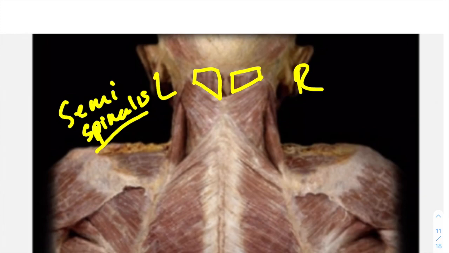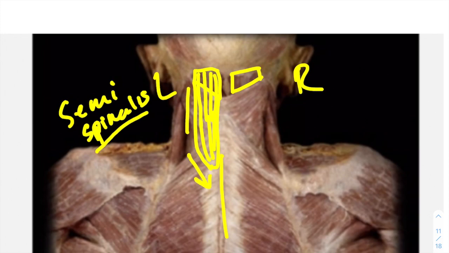Because if we took away the splenius capitis, you'll just see, and I'm just imaginarily drawing out these lines, but you'll see the muscle fibers of the semispinalis running down and into the spine. So they like to stay relatively medial, whereas the splenius likes to go out.